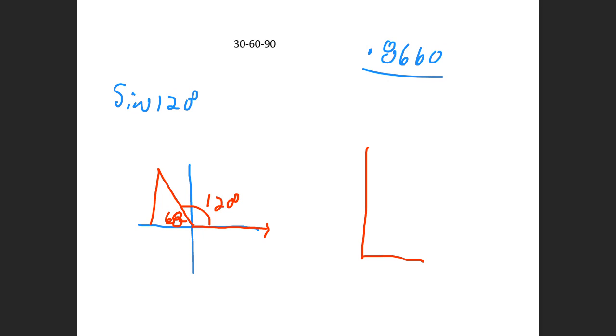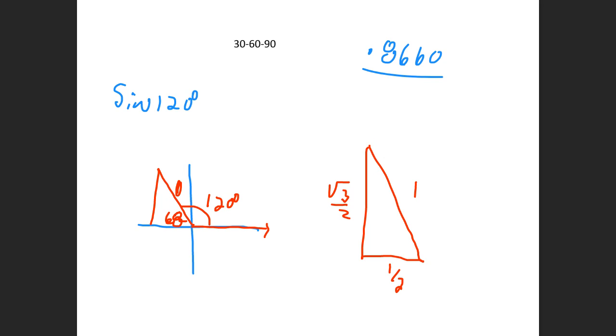Because now, if you remember anything here, I want to know what the sine is. And when we do this type of problem, we always use this side, the radius or the terminal side, as 1. Okay, so I just put that as 1. Well, what is this? This is 1/2. What is this? This is 1/2 times the square root of 3, or the square root of 3 over 2.